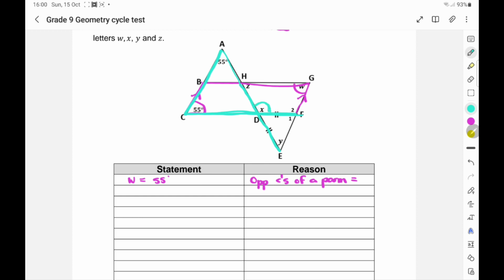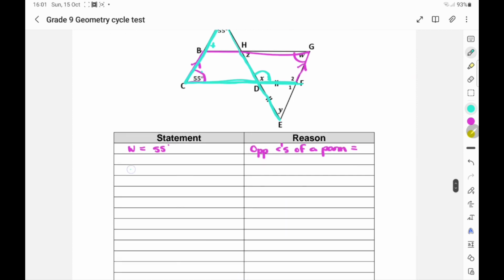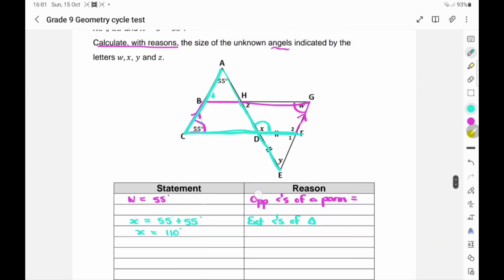Again, exterior angles of a triangle, X is equal to 55 plus 55. So X is equal to 55 plus 55 because of exterior angles of a triangle. And with geometry, the more you look at how people are doing it and you see the reasoning behind it, it's easier then to look out for those types of reasonings next time, or for those types of patterns.